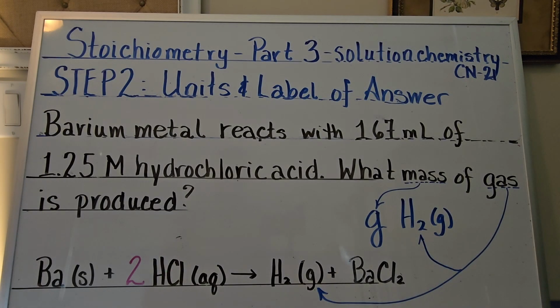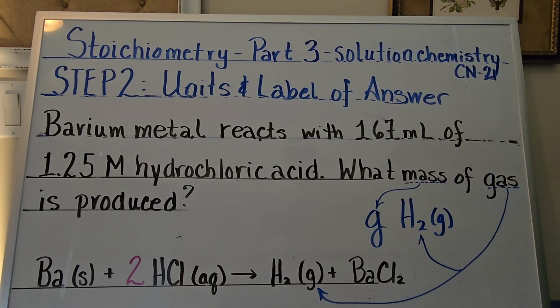Now I can get on to solving my problem. We will be following the same sort of steps that we did in stoichiometry part 1 and 2. This is our step 2, where I find the units and label of my answer. Of course, that is, what am I looking for? So looking at the last part of my problem here, what is the mass of gas produced? Well, mass will give me my units.